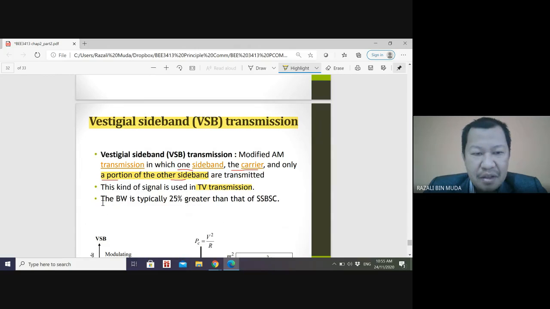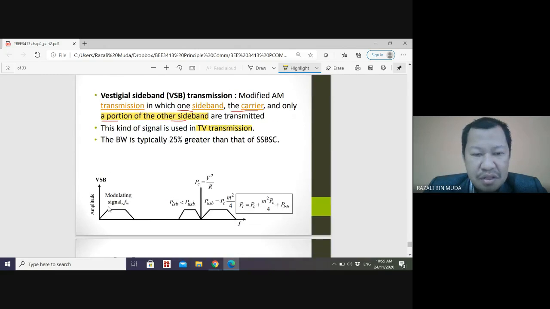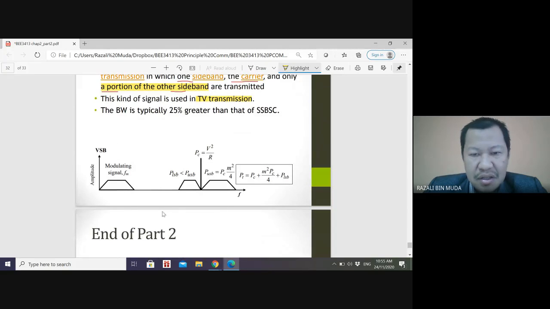So this is the frequency domain of the vestigial sideband. This is the modulating signal, the information. You should draw it like this, not connected, not straight.